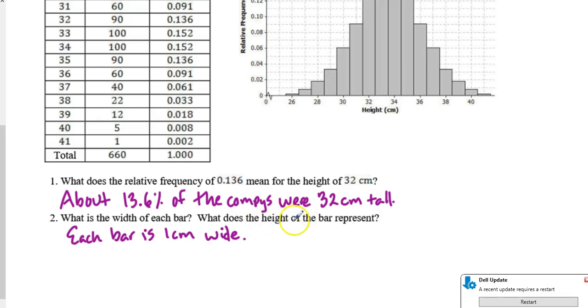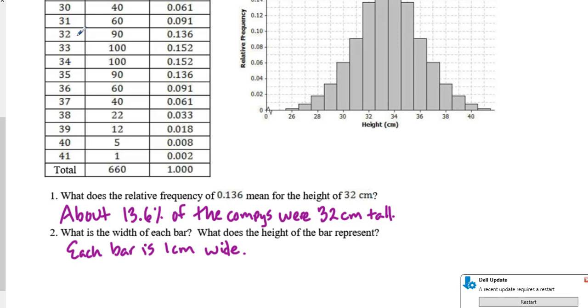So what does the height of the bar represent? Well, that's just the proportion or the relative frequency of the compies that were that height, right? So we can say, for example, let's pick out a height like 30. Well, it's off my screen a tiny bit, but about 6%, right? 0.06 were 30 centimeters.